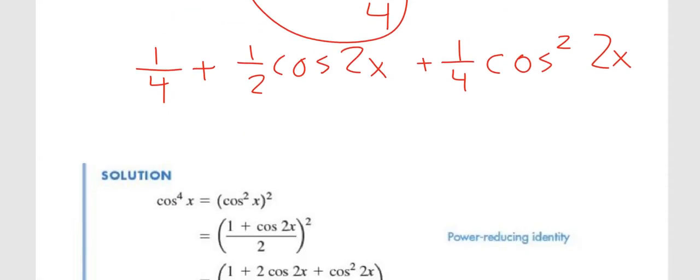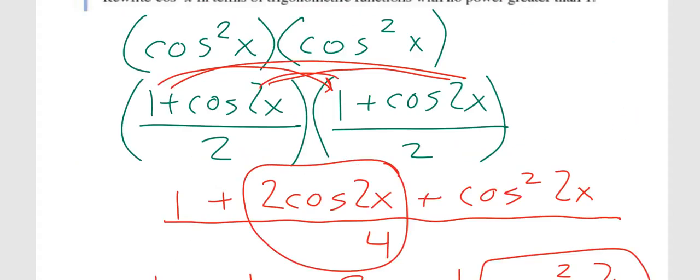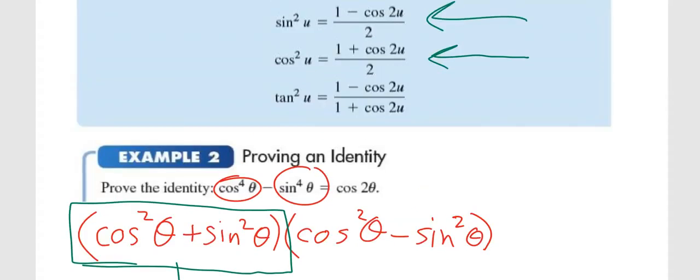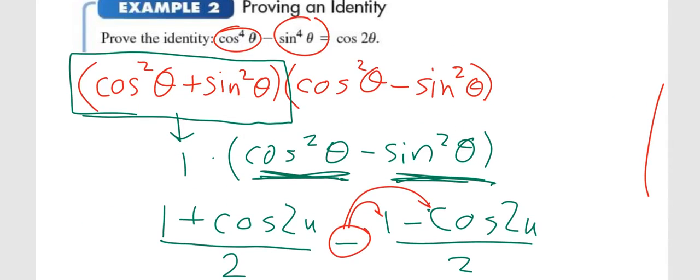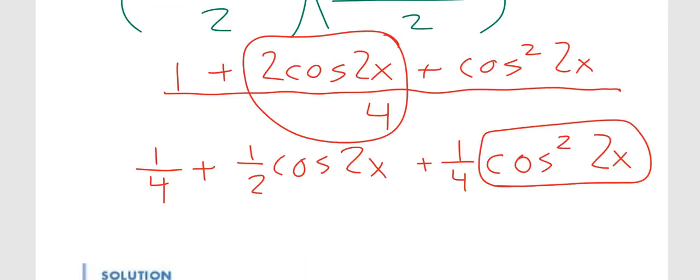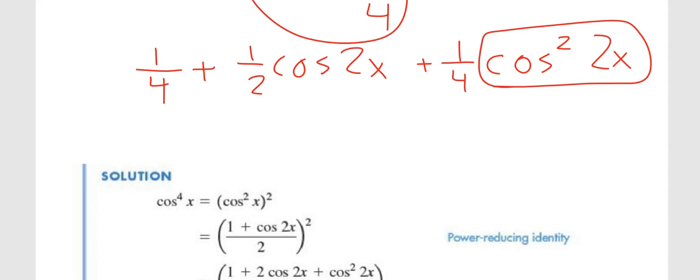So what can we do with this thing? We're going to go back to that formula you were using, right? The one from the middle there. So we got the 1/4 out in front, and what are we replacing this with? 1 plus cosine.